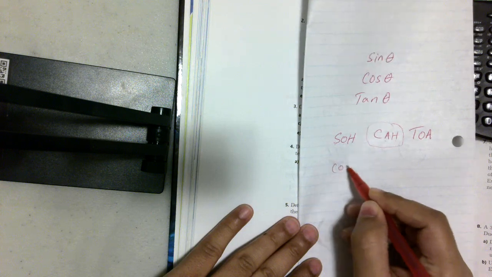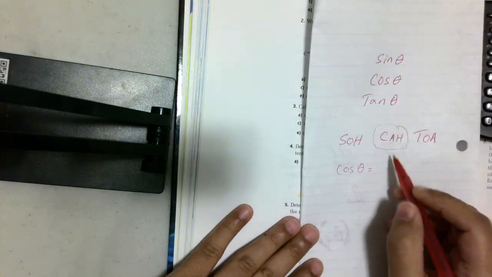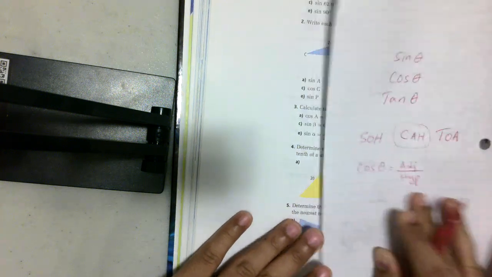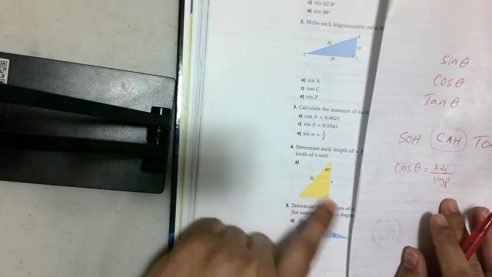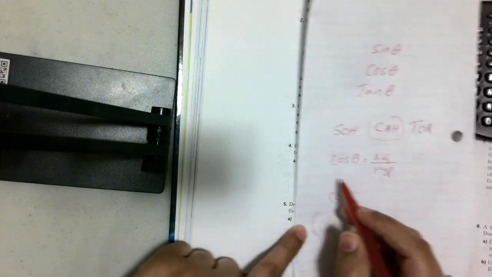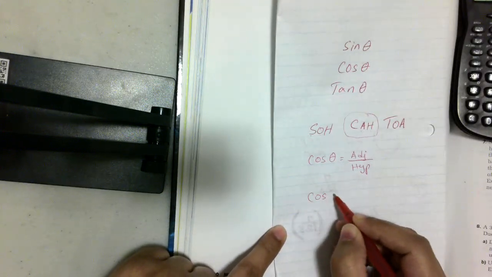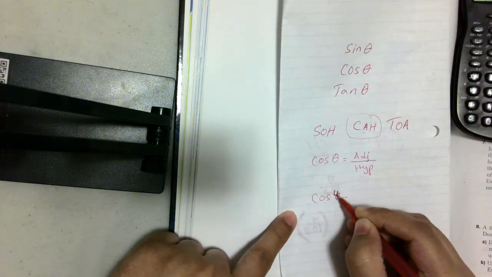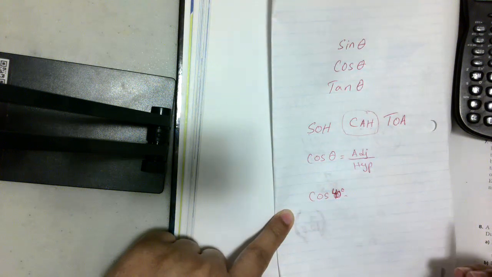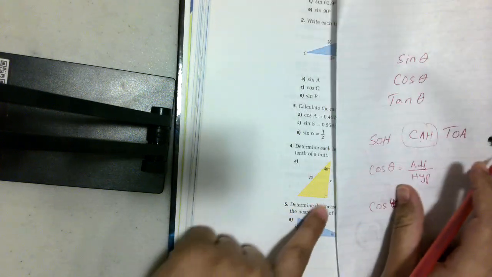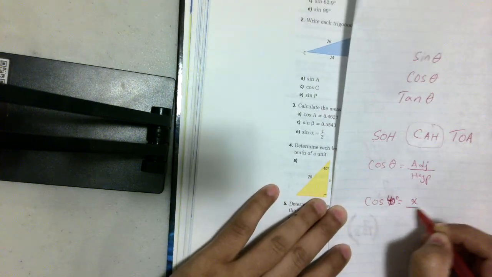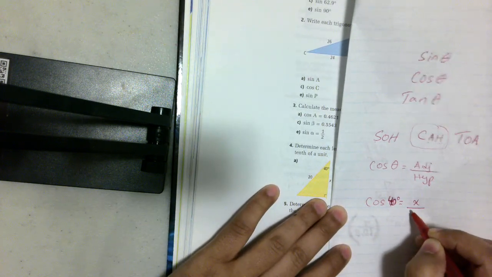So we're going to use cos theta equals adjacent over hypotenuse. Theta is equal to 40, so we replace theta with the 40 degrees. The adjacent is unknown, so we say equals x over 20.